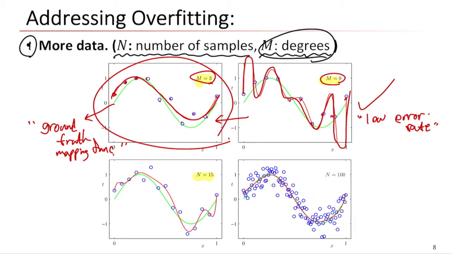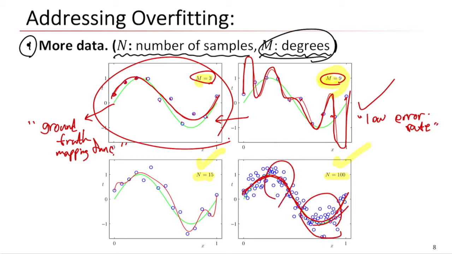But okay, let's say we increase n to 15. I mean n is the number of samples. If we increase the number of samples, something like this, with m equal to 9, this model can fit the training samples well.